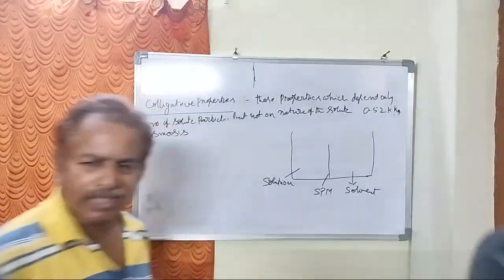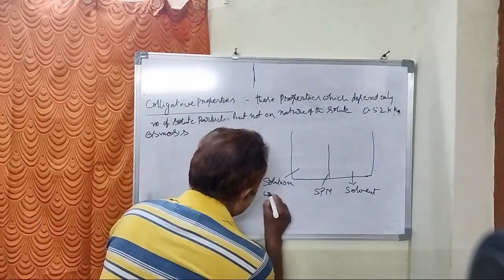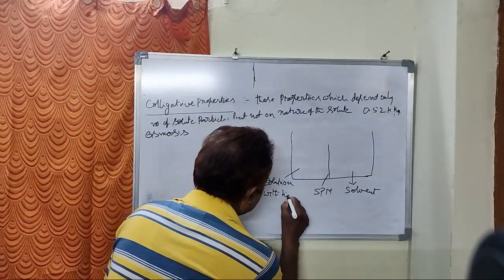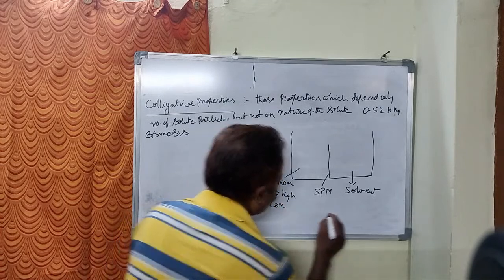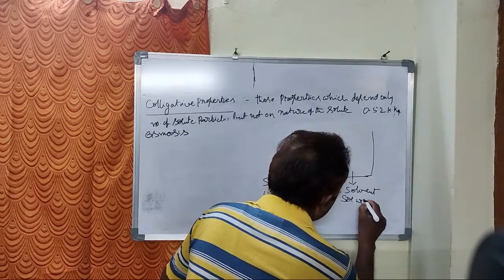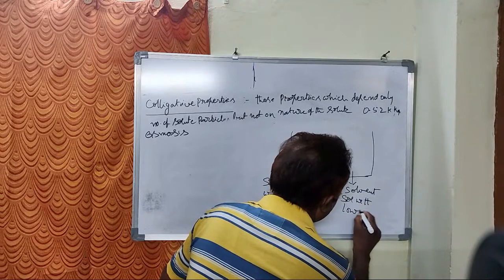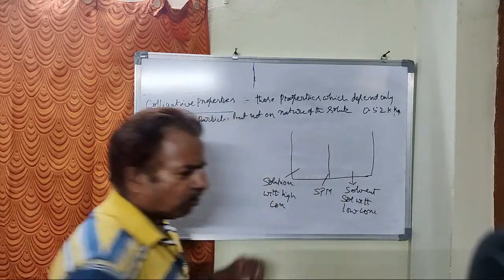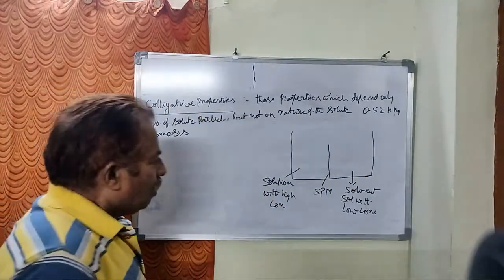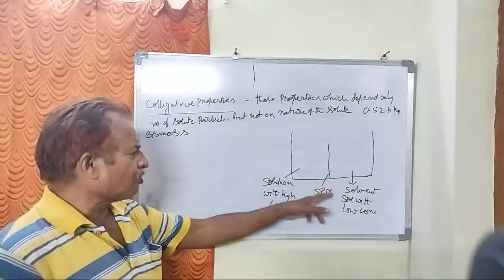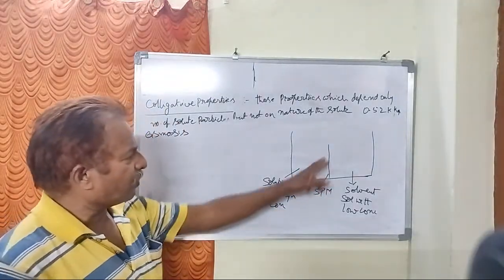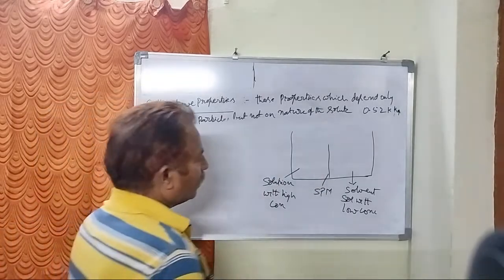Or otherwise you can take it in a different way also: solution with high concentration, solution with low concentration. When two solutions of different concentrations are separated by a semi-permeable membrane, then what happens?